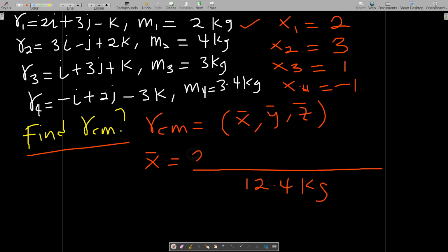Now I pick x1, which is 2, and multiply by its mass, which is 2 kilograms, then plus, this is how you do it, x2, 3, multiplied by mass 4, plus x3, 1, multiplied by mass 3, plus x4, which is -1, so it will be negative, minus 1 times the mass 3.4.